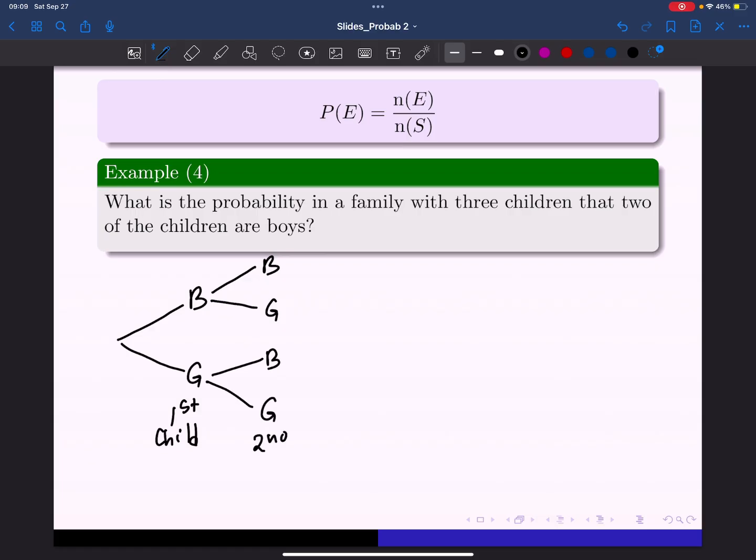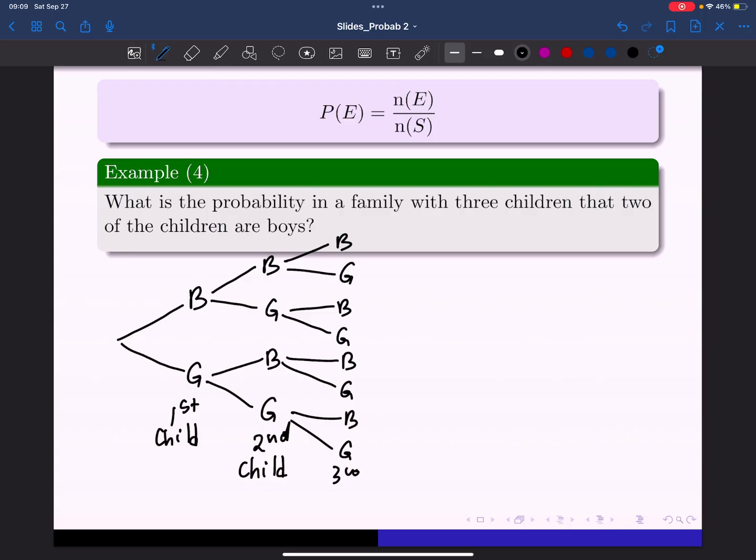That's my second child. And for the third child, we can have a boy or girl, or boy or girl, or boy or girl, or boy or girl. That's my third child.